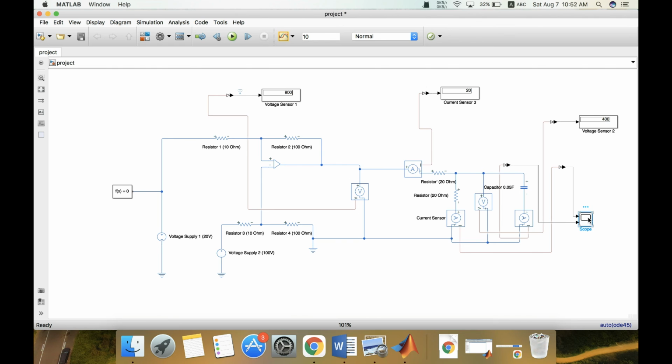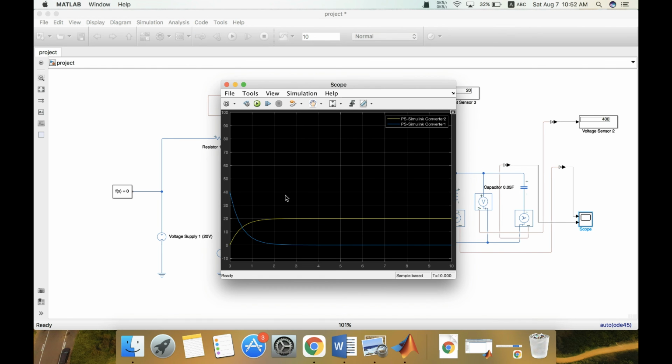Okay, double click the scope. Yeah, so we observed the same trend of the current running through the capacitor and the resistor like we mentioned before.